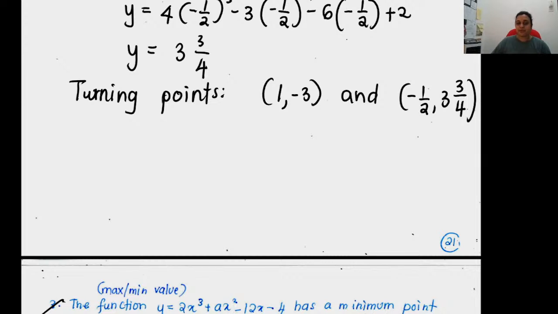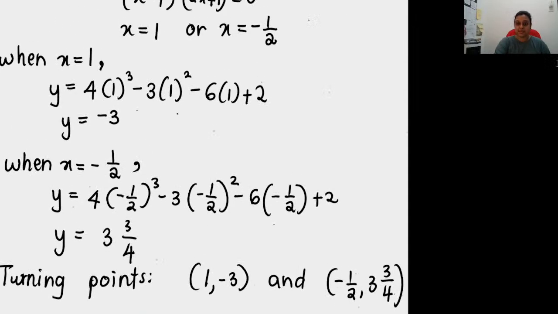Up to here, when you find the turning points, this part itself you already get up to 3 marks. Now from here is where we're going to use the table method.